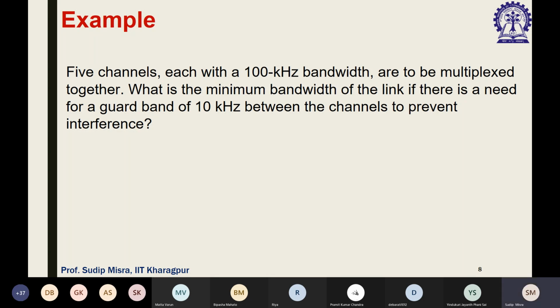The question is, what is the minimum bandwidth of the link if there is a need for a guard band of 10 kilohertz? Anyone who has done it already?